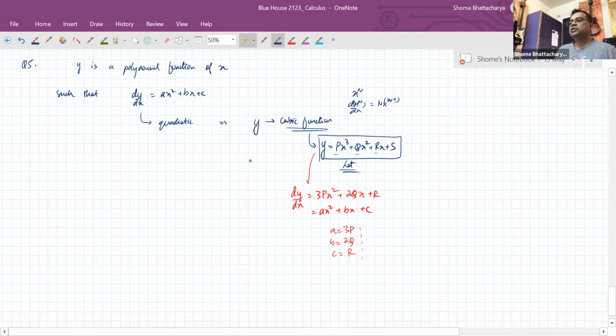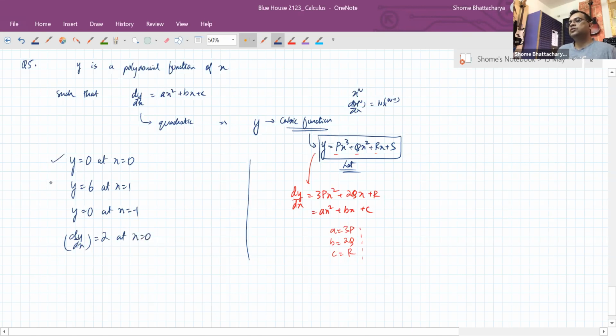Now additionally, see what is given to us, that y is equal to 0 for x equal to 0, y is equal to 6 at x equal to 1, and y is equal to 0 again at x equal to -1, and also given that derivative is equal to 2 at x equal to 0.